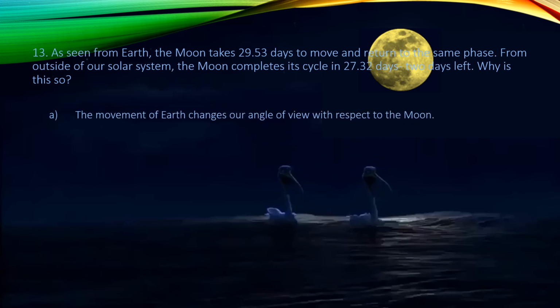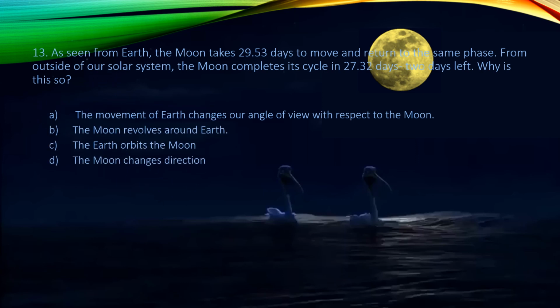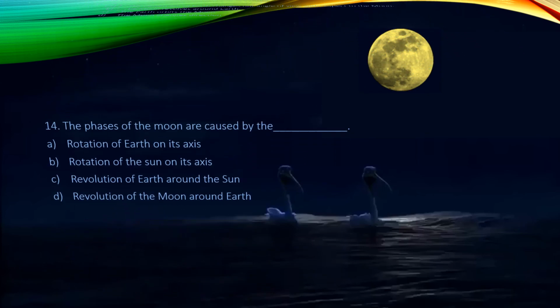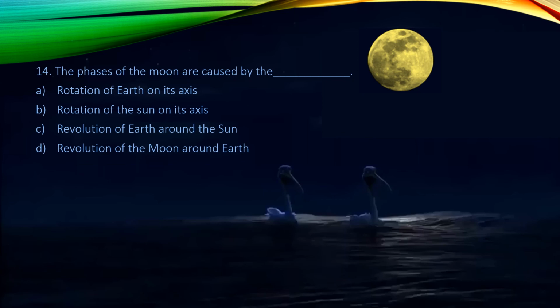A, B, C, or D? The difference is caused by the rotation of Earth on its axis, the rotation of the Sun on its axis, the revolution of Earth around the Sun, or the revolution of the Moon around Earth.